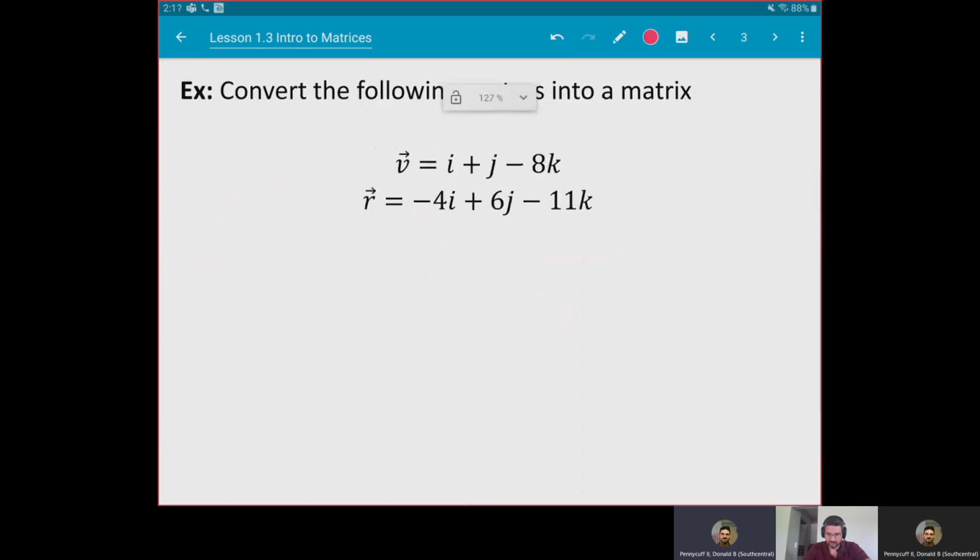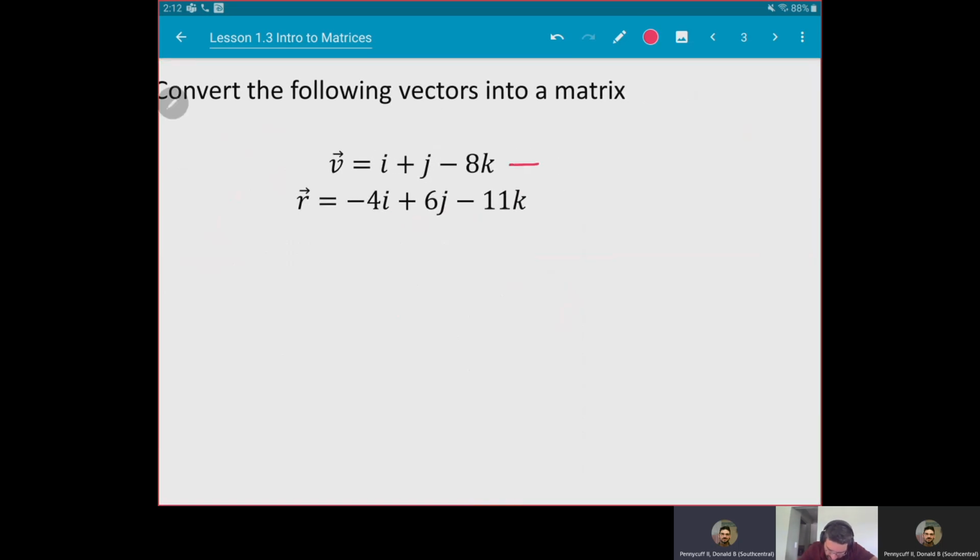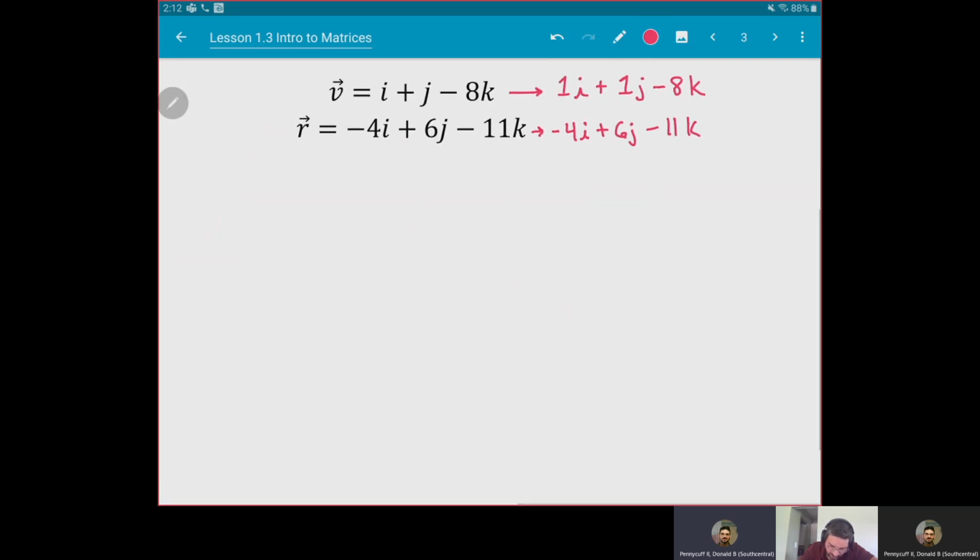Okay. So let's look at this right here. Let's say that this is our values. I'm just going to clean this up a little bit. That's going to be 1I plus 1J minus 8K. And this right here, minus 4I plus 6J minus 11K. Okay. And now I can just place this straight into matrix form.